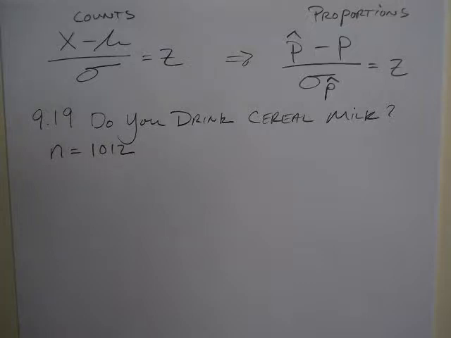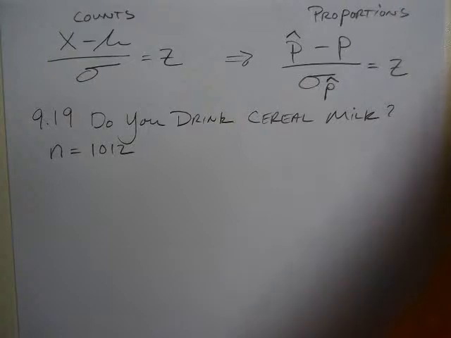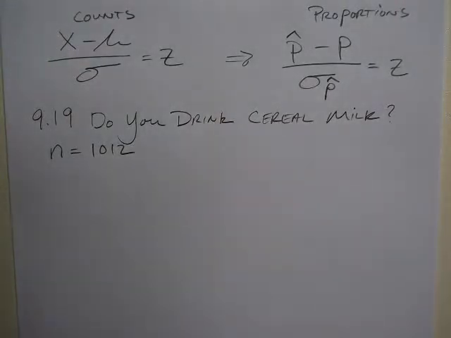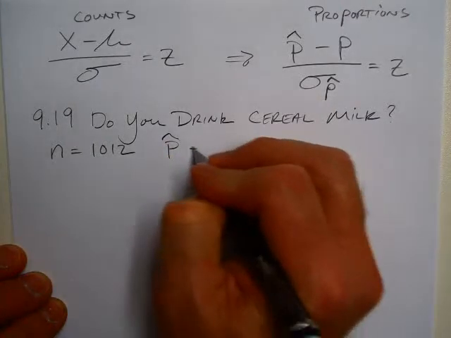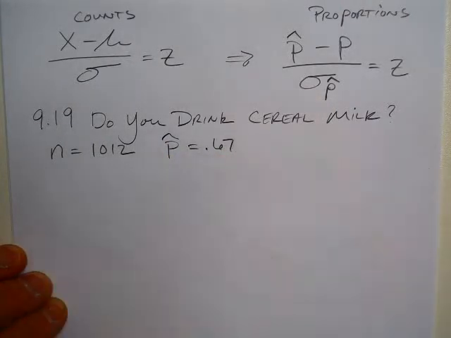Of the respondents, 67% said they drink it. Is that proportion the statistic p hat, or is that p? That's the statistic, right? So that's from the sample. So that's p hat is 0.67.